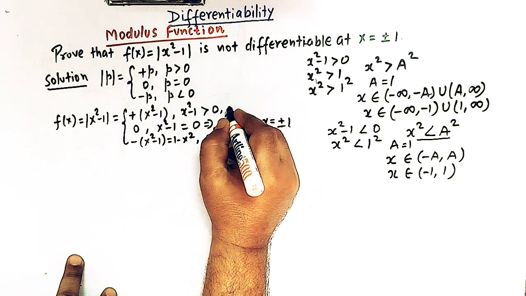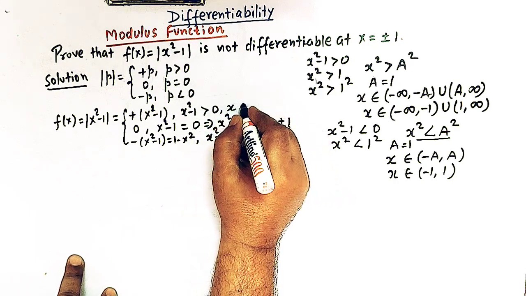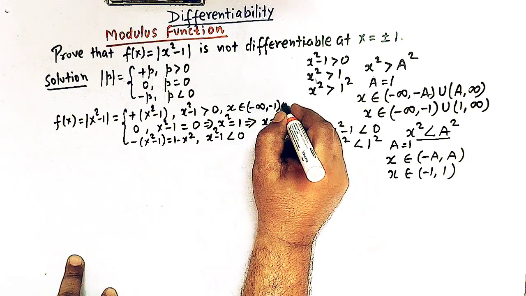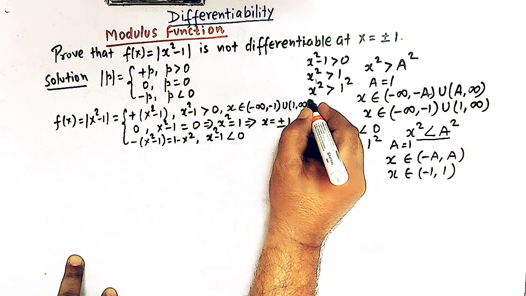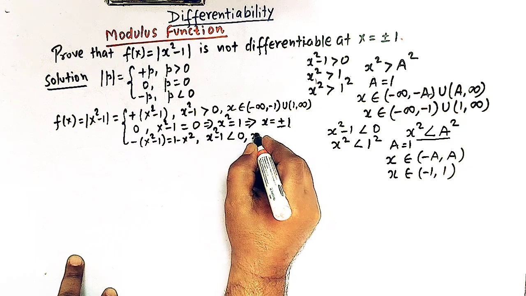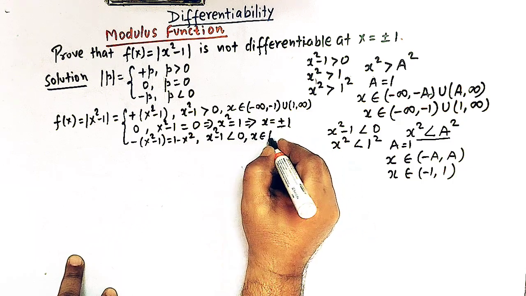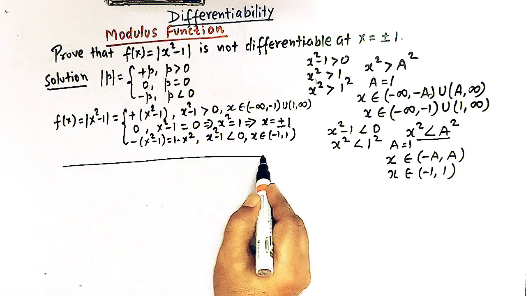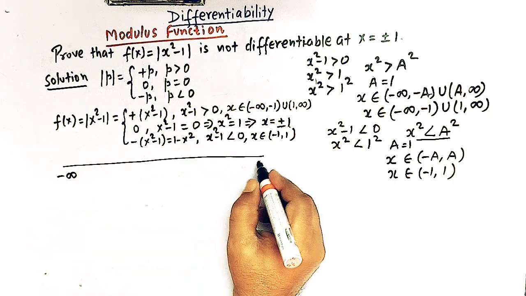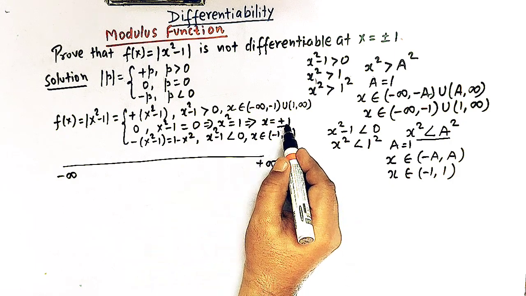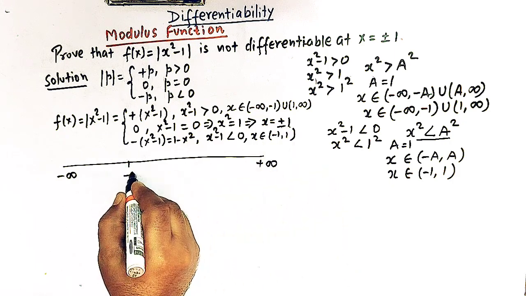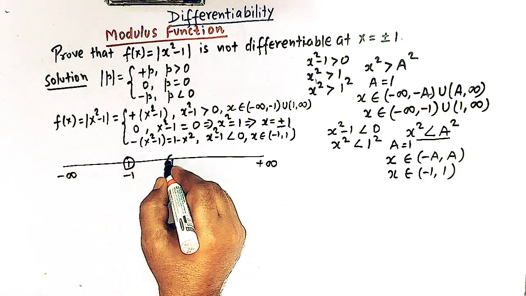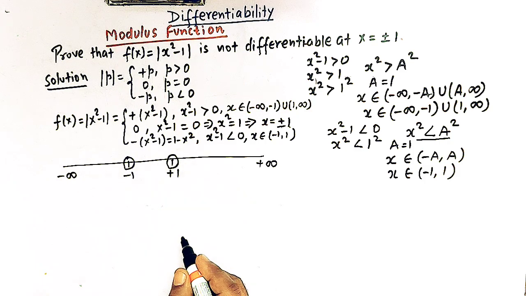So now we can write x belonging to minus infinity to minus 1, union 1 to infinity, and here we can write x belonging to minus 1 to 1, right? Let us draw the real number line. Here we have minus infinity, here we have plus infinity, and the 2 points are minus 1 and plus 1, and at these 2 points the function is not differentiable, right?